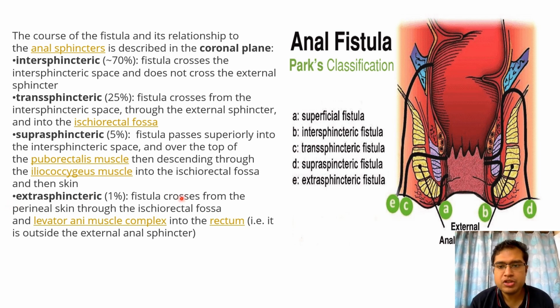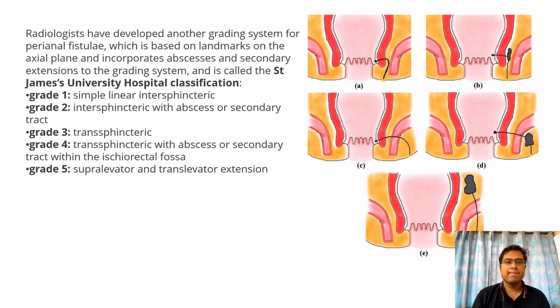The extrasphincteric fistula, which is the type E here, crosses the perianal skin through the ischiorectal fossa and the levator ani muscle complex into the rectum directly. So it has no relation with the sphincters. So these are the types of fistulas according to the Parkes classification.